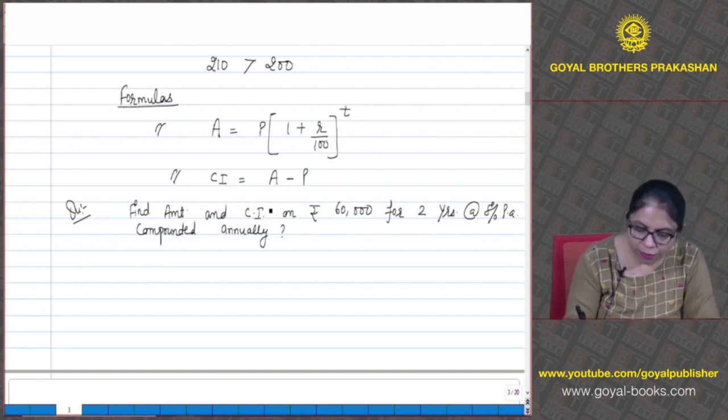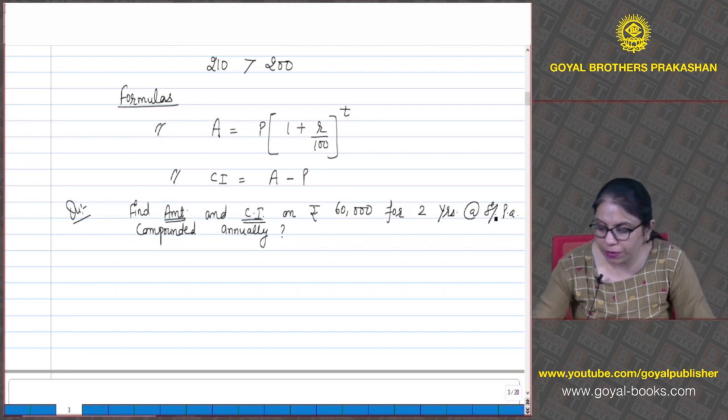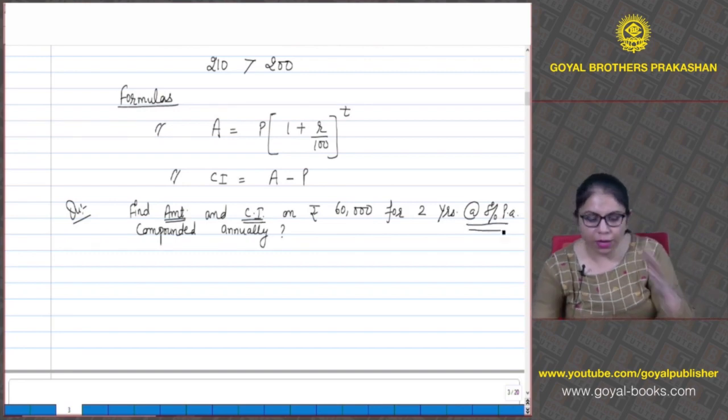Okay, you have to find what? You have to find compound interest and amount, and interest is compounded at 8% per annum.